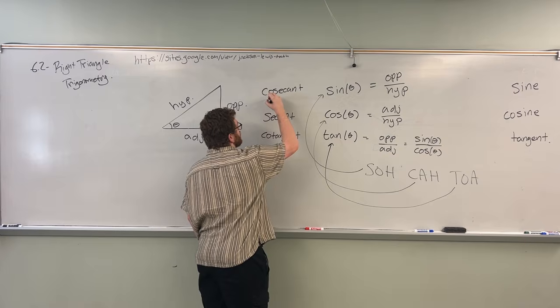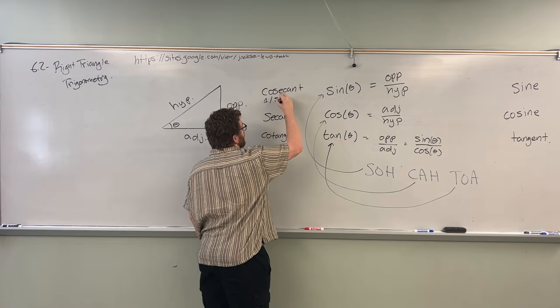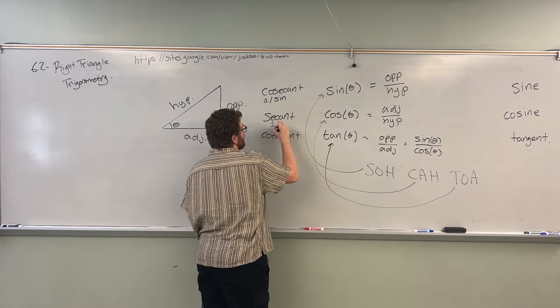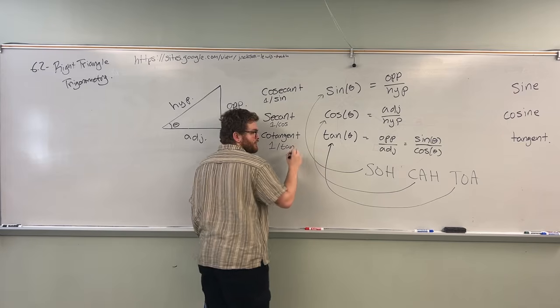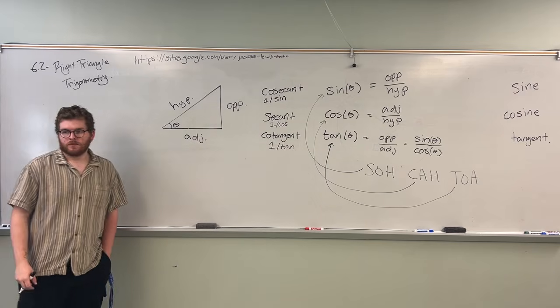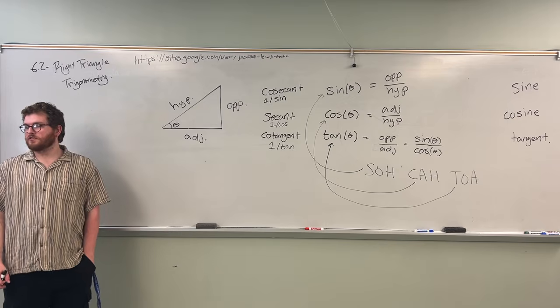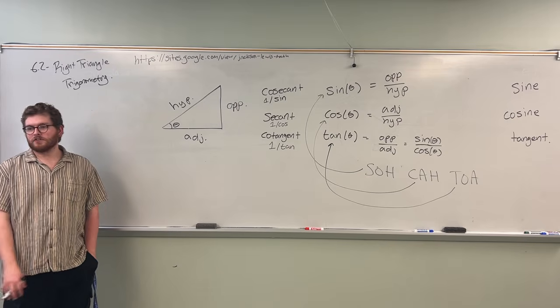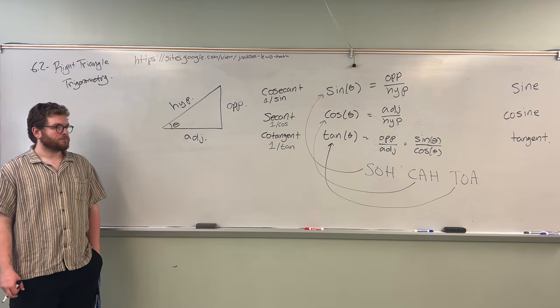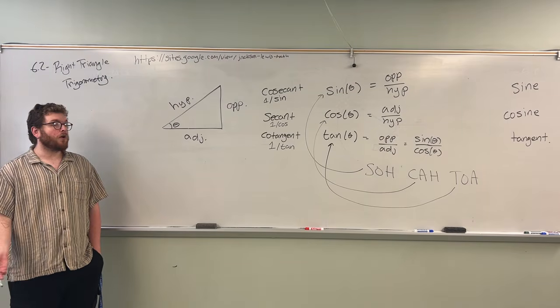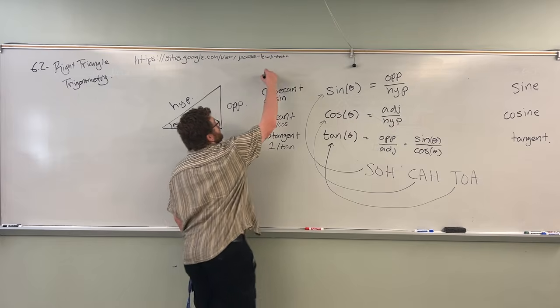So this is 1 over sine, this is 1 over cosine, and 1 over tangent. Those are somewhat useful in certain instances, but it's also just required that y'all are familiar with them for this class. So it's basically the reciprocal of the original function? They are the reciprocals. These are reciprocal functions.